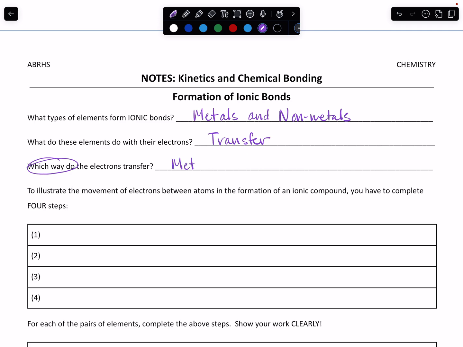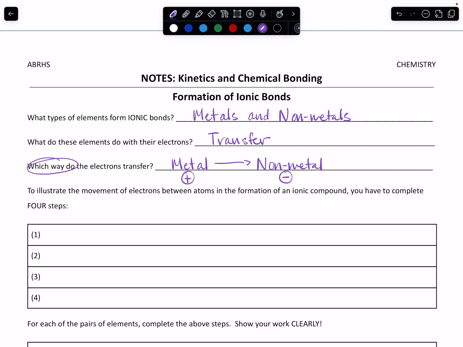And those electrons are always going to transfer from the metal to that non-metal. So the metal will become positively charged and the non-metal will become negatively charged. So if you're ever wondering which way your arrows should flow when you draw these structures, they should be moving from your metal towards your non-metal.